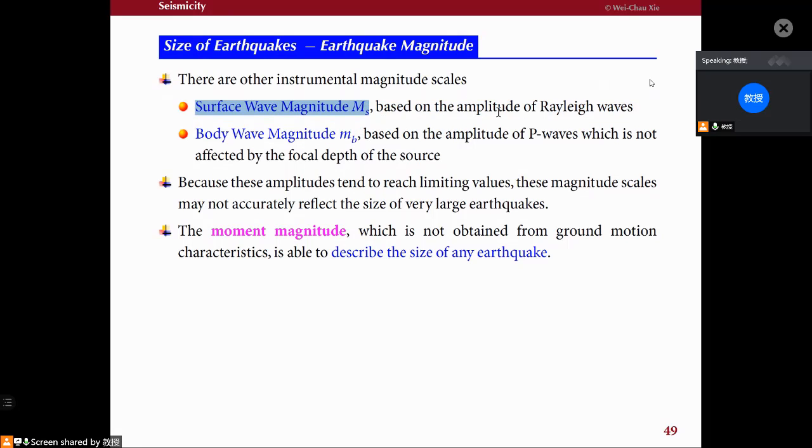Body wave magnitude, MB, is based on the amplitude of P waves, which is not affected by the focal depth of the source. Because these amplitudes tend to reach limiting values, these magnitude scales may not accurately reflect the size of very large earthquakes.